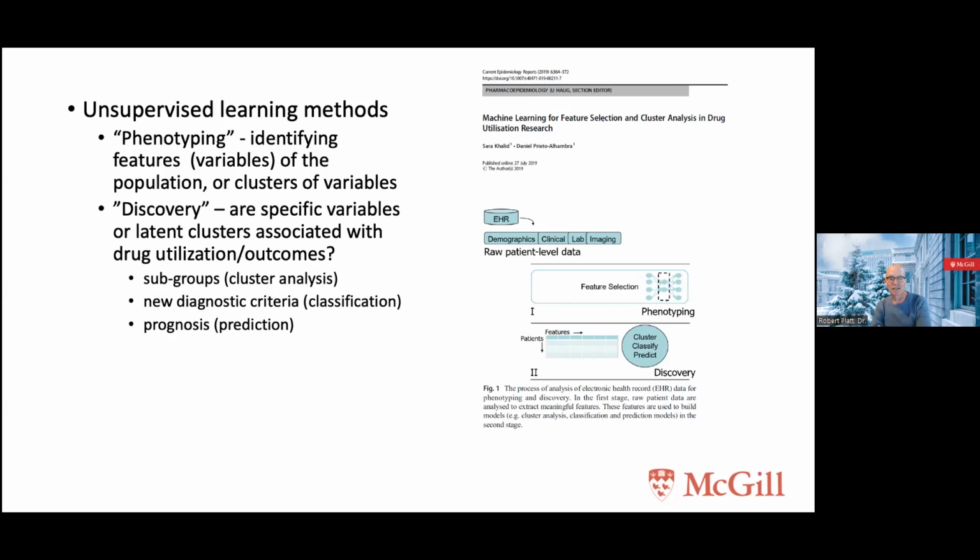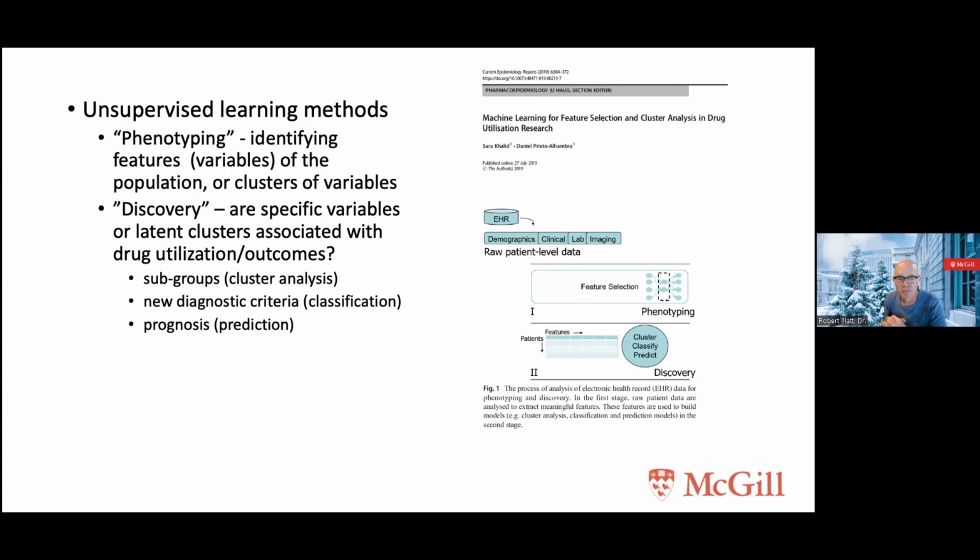Unsupervised learning is potentially useful for what computational biologists and others might refer to as phenotyping. Identifying features or clusters of features that come together to say, you know, this person has this condition, or this group of people are homogeneous with respect to this issue.